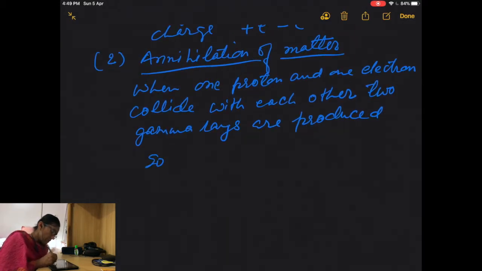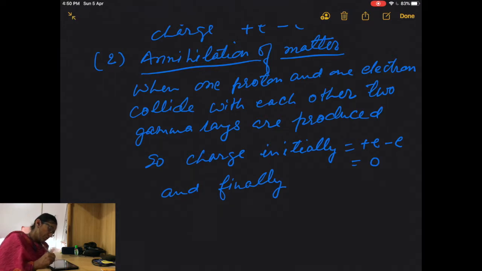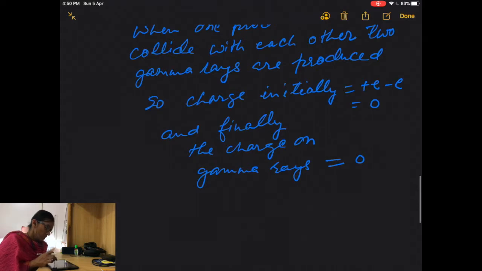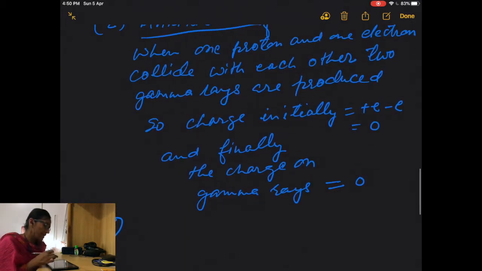So charge initially is equal to plus e minus e equals 0, and finally the charge on gamma rays is equal to 0. So next, let us learn 2-4 examples so that it can clear your concept.